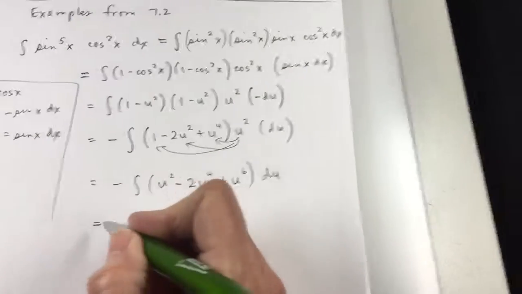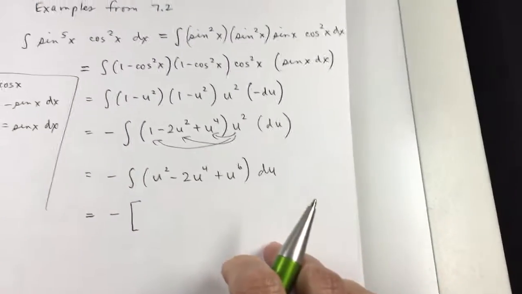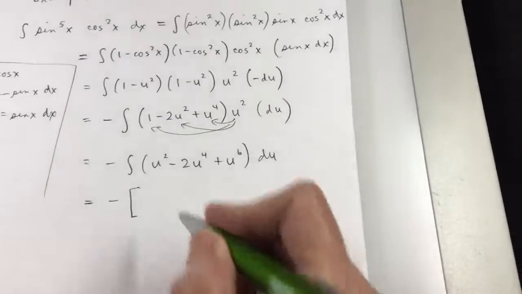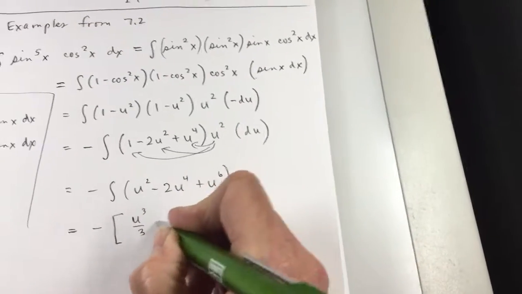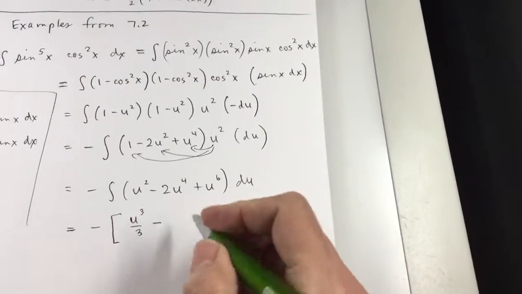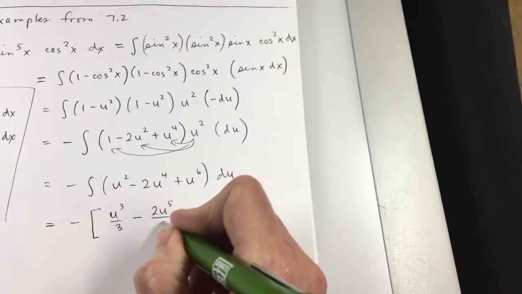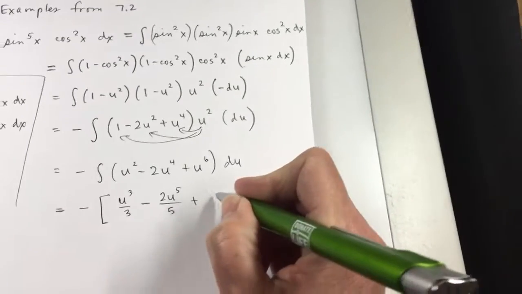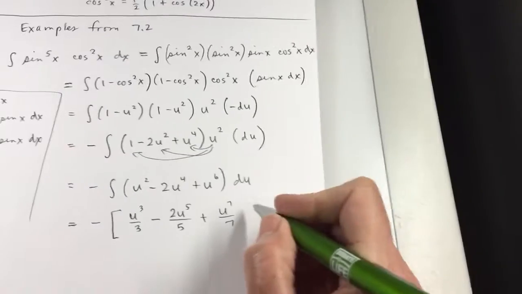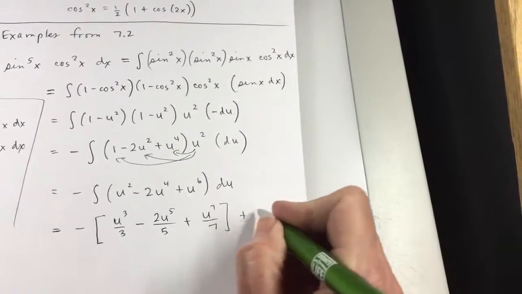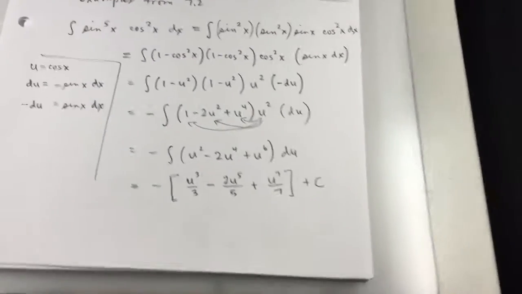The antiderivative of u squared, and I'm going to leave my negative in the front, is u cubed over 3. How about 2u to the 4th? 2u to the 5th over 5. u to the 6th becomes u to the 7th over 7. I'll put in plus c, and whether I incorporate that plus c with the minus sign or not doesn't matter.